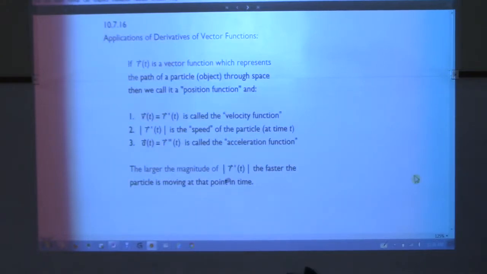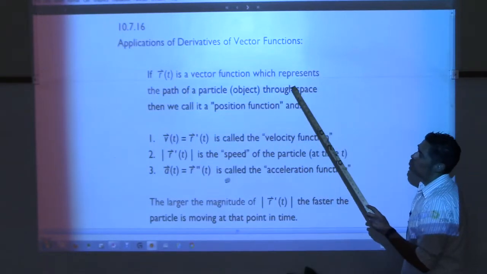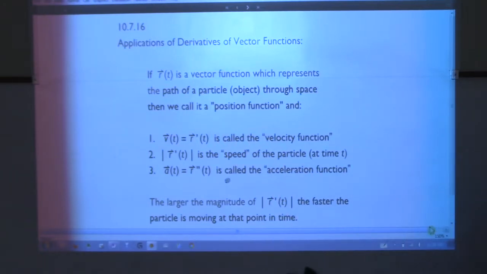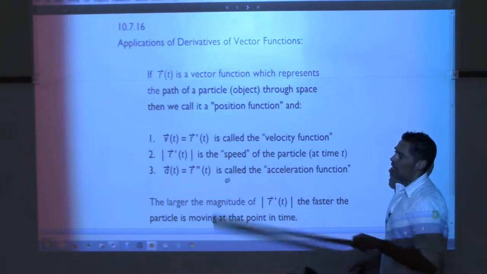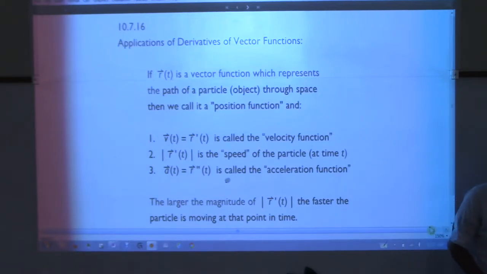So, if r of t is a vector function, this is an application. If r of t is a vector function which represents the path of a particle or an object through space, then we call it the position function. The vector function r of t that we've been looking at, if it describes where some object is, we call a position function.